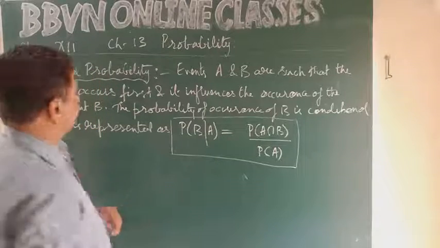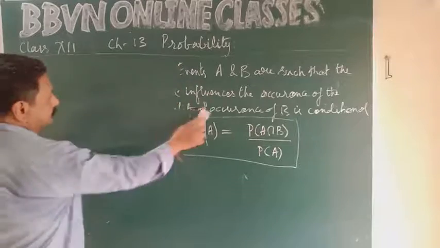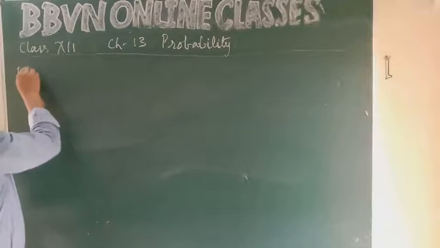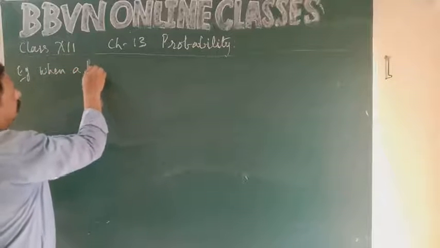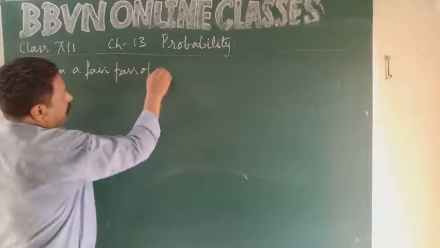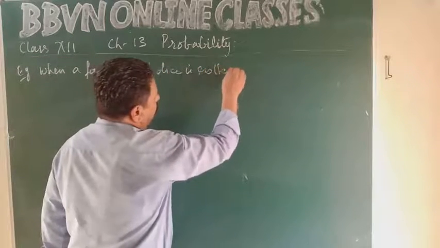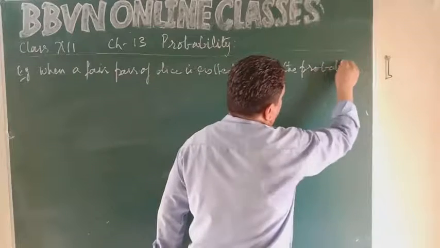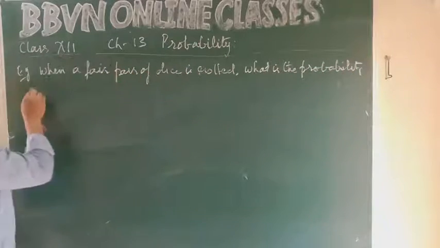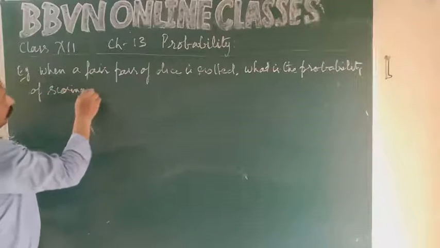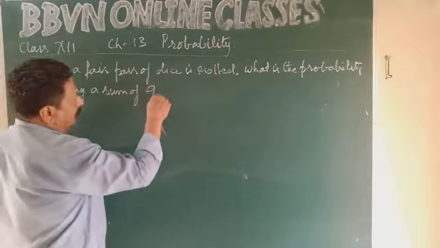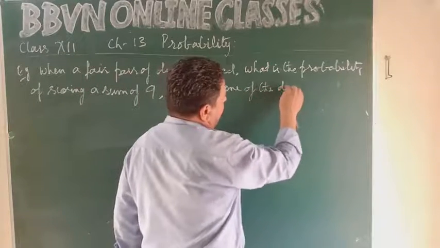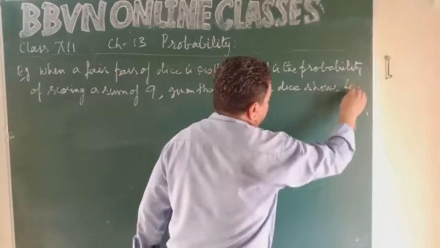Let us understand by the help of an example. When a fair pair of dice is rolled, what is the probability of getting a sum of 9, given that one of the dice shows 4?